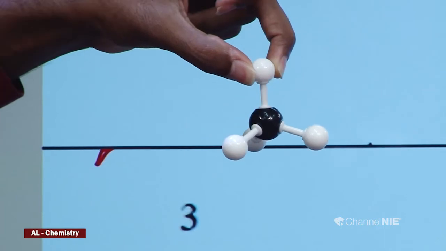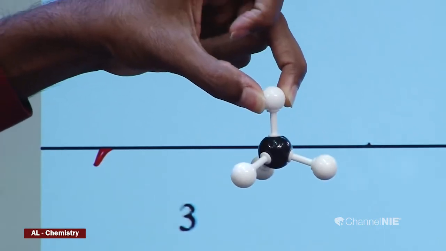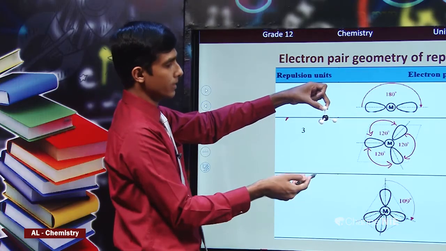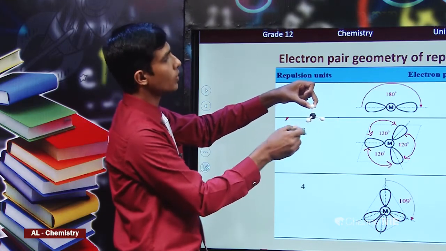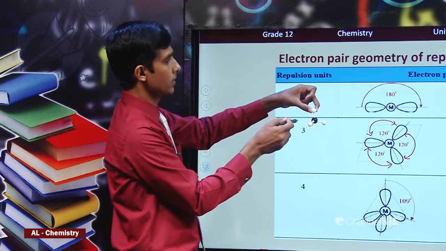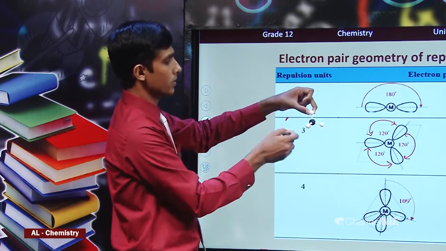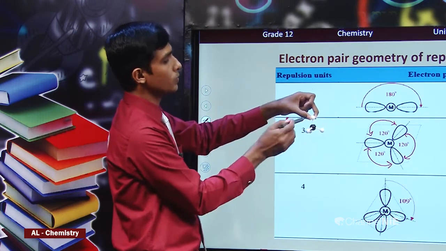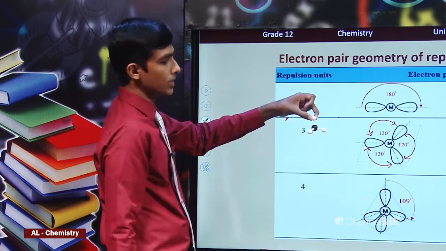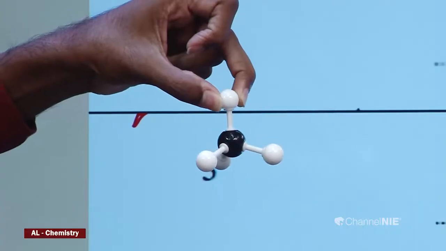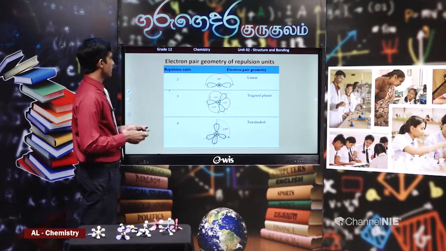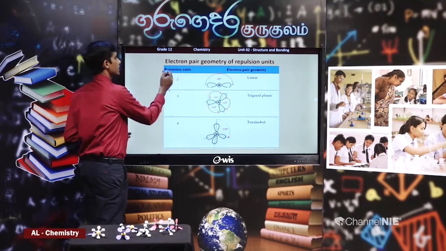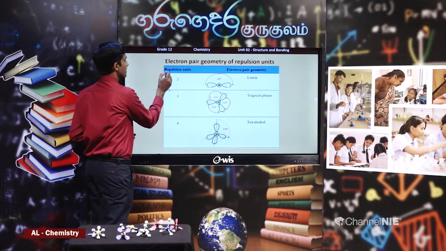That is why it is called a tetrahedral arrangement. So, when you have 4 VSEPR pairs or 4 repulsion units, the arrangement will be tetrahedral. Now, in this one, these repulsion units are the VSEPR pairs.